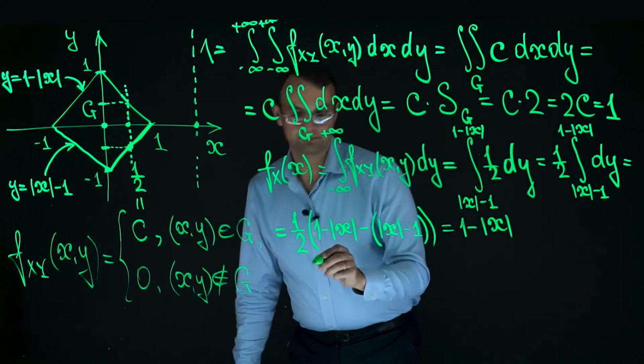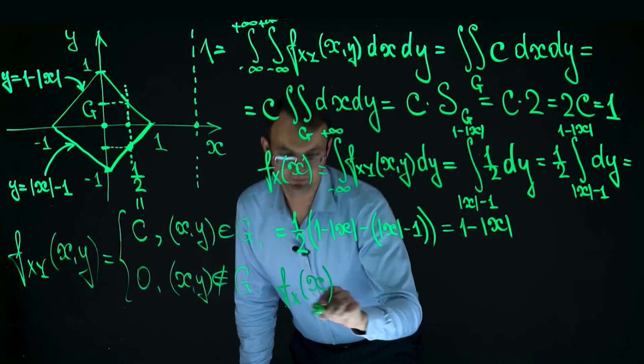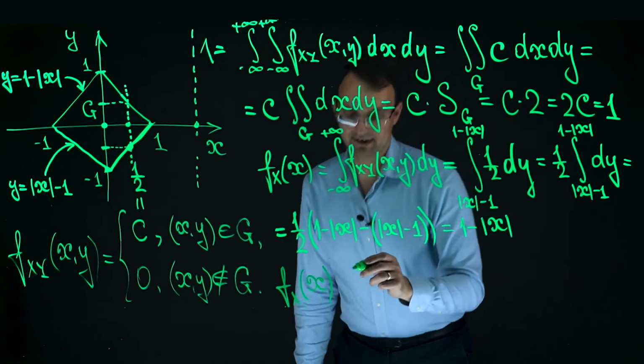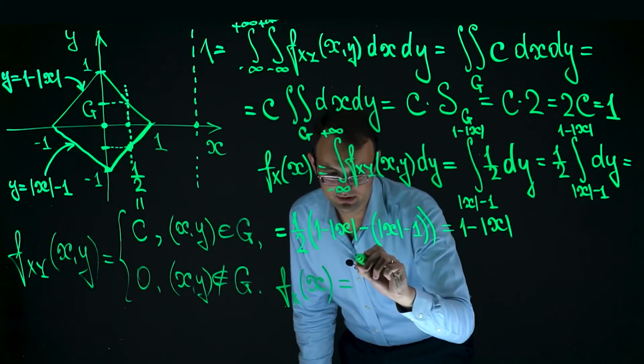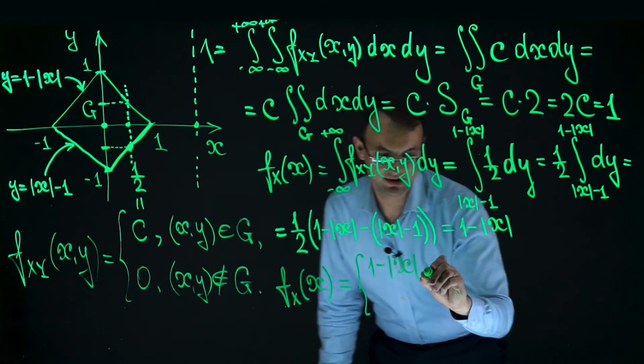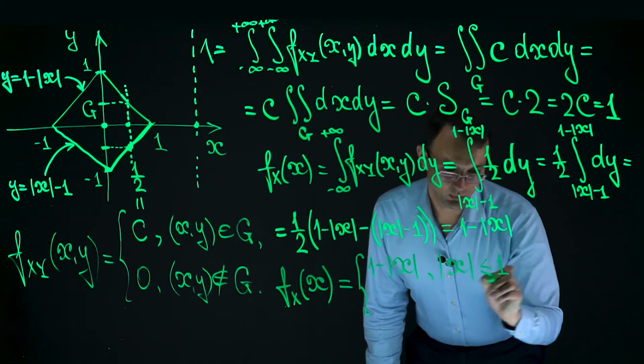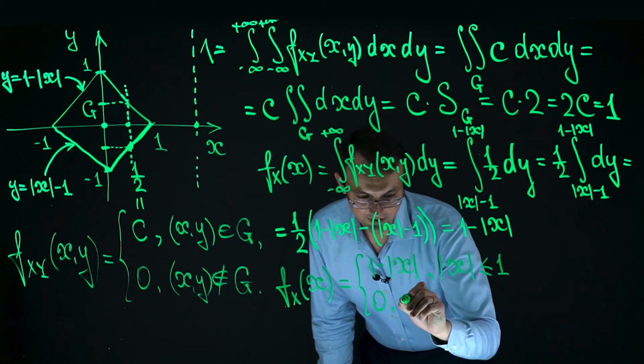So the correct answer is that marginal PDF of x is equal to 1 minus modulus x if modulus x is less or equal than 1 and 0 otherwise.